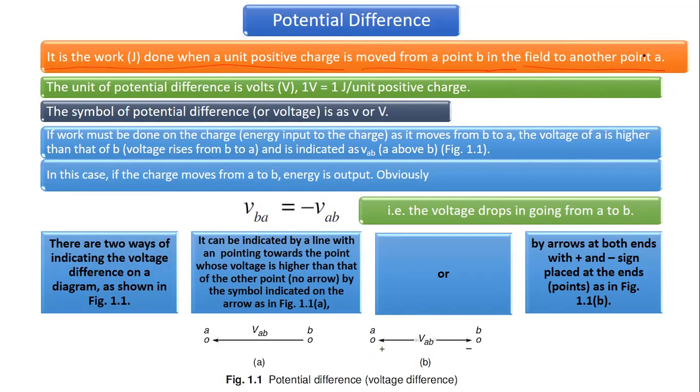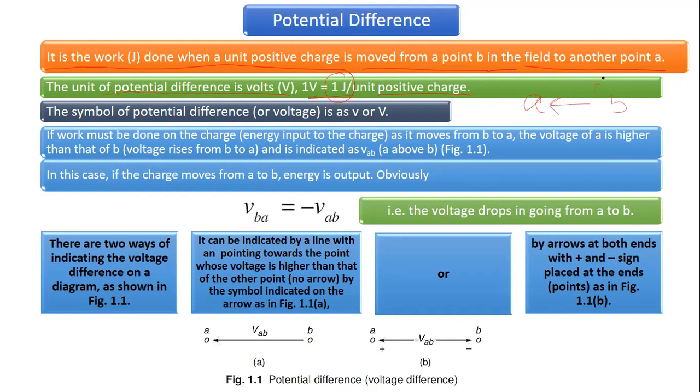The unit of potential difference is the volt, and 1 volt is equal to 1 joule per unit positive charge. It means this much work is done in bringing a unit positive charge from point B to point A.